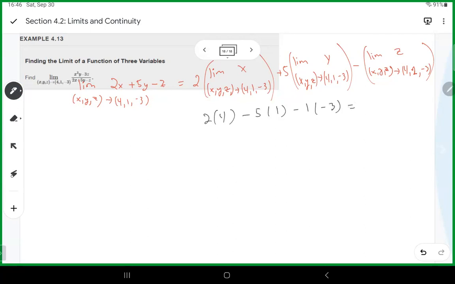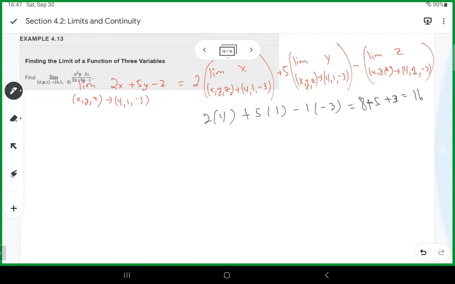So that's going to give us 8 minus 5 plus 3. Oh, this is a plus. That's a plus. So that'll give us a 16. So that is not a 0, therefore we can keep going.